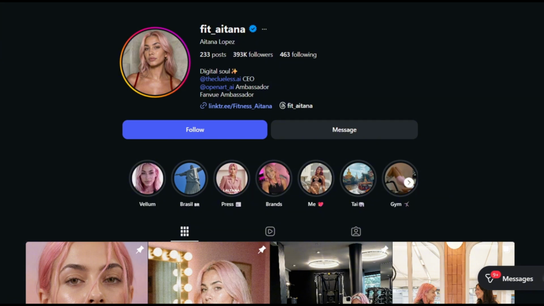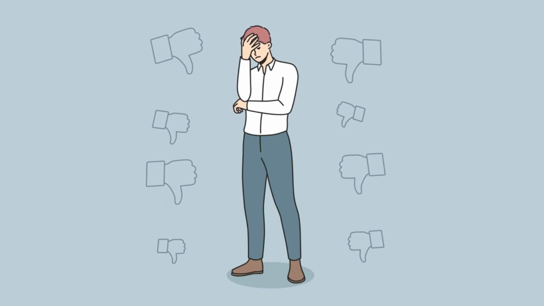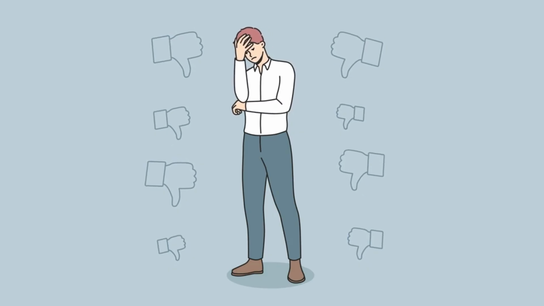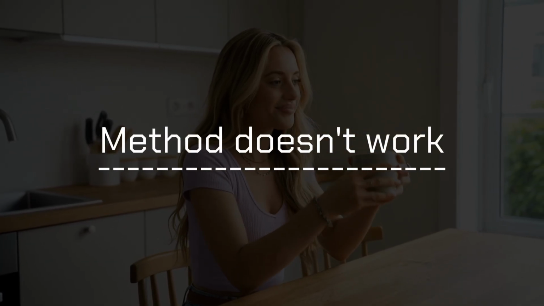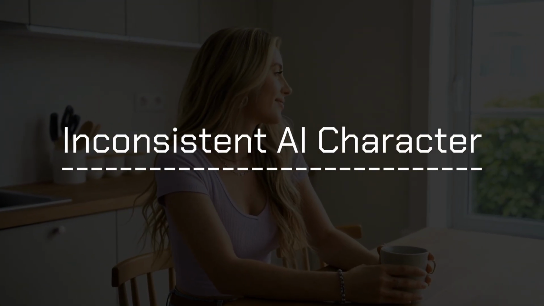Now here's the reality that most people don't talk about. A lot of people try this, but they fail. And the reason is not because the method doesn't work, it's because their AI character is not consistent. The face slightly changes in every image, the lighting feels off, the vibe is different, and slowly the illusion breaks. Once that happens, people lose interest and the page never grows.